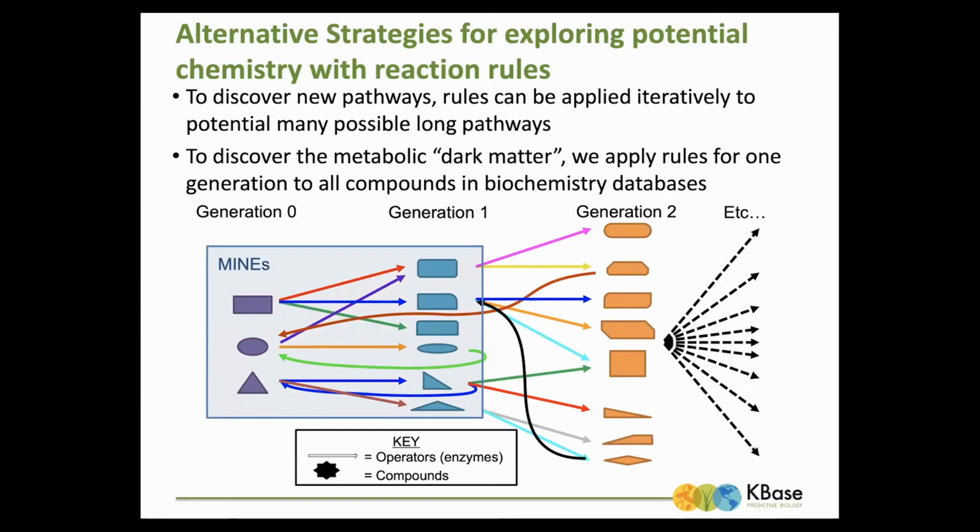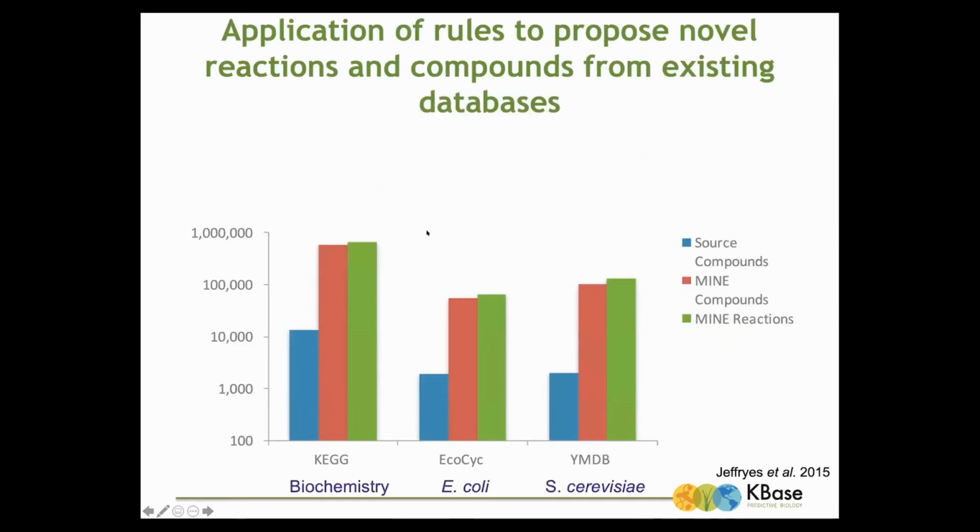Of course, for what we call MINEs, which are metabolic in silico network expansions, we can also just look at applying our rules to all known biochemical compounds for one generation and make this giant hypothetical database to try and deal with this dark matter problem. We've done this with KEGG, EcoCyc, and YMDB, and this is what you get.